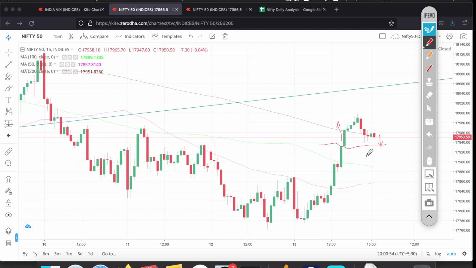So right now, 18,000 is a resistance level, 17,930 is acting as support as of now, and we already have the 17,800 level, which has been a strong support for many sessions.